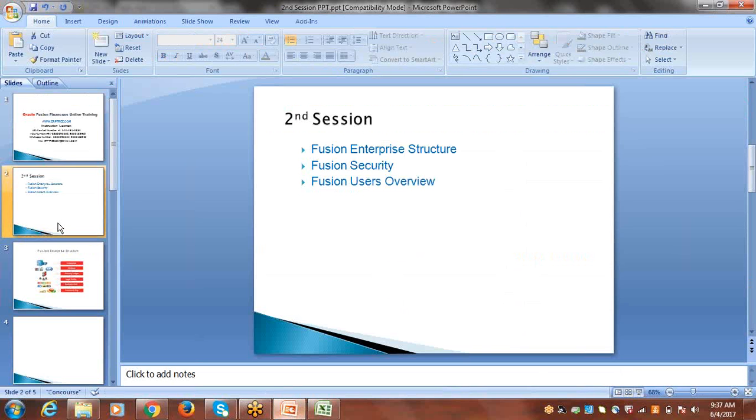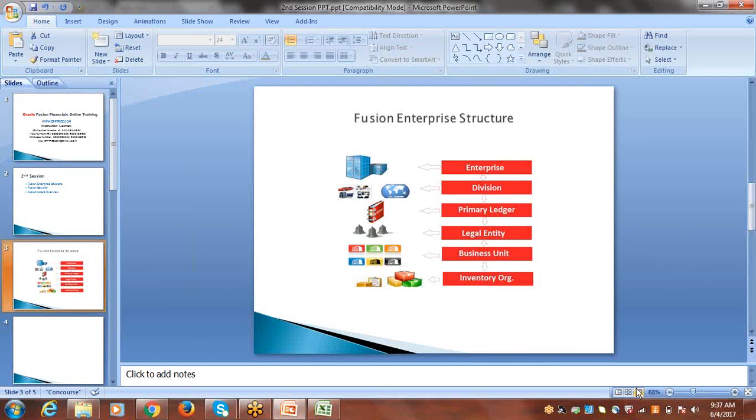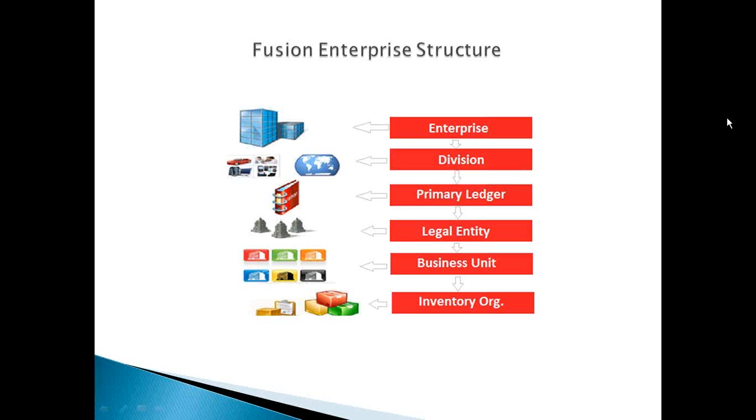The same I've given here as some graphical representation. Just I kept a slide here. So enterprise, under enterprise division, under division primary ledger, under primary ledger LE, BU, under that inventory organization. So enterprise is the one for one client. One client business will be treated as one enterprise.